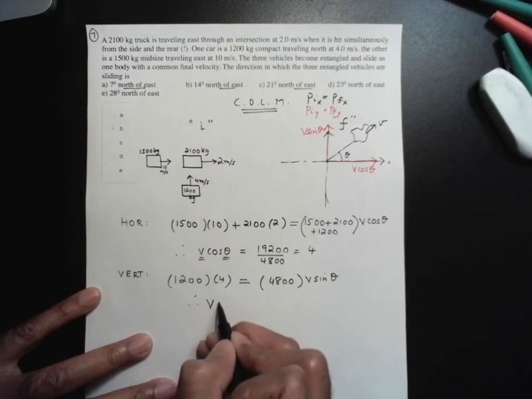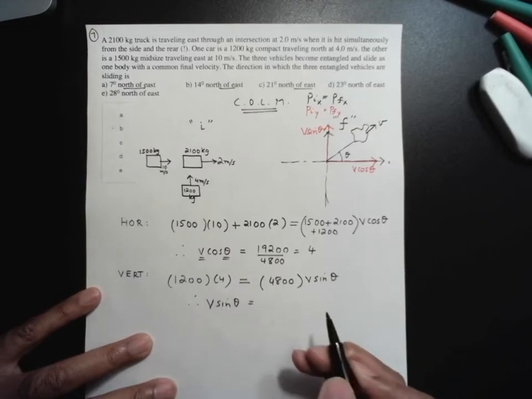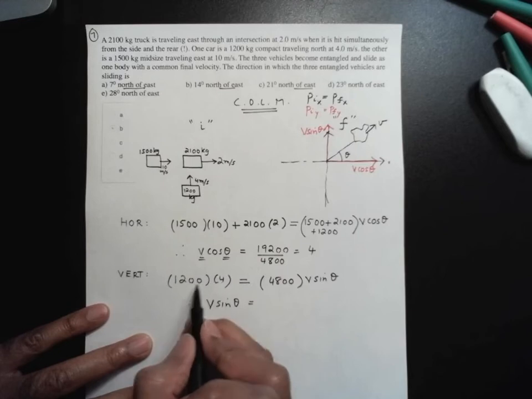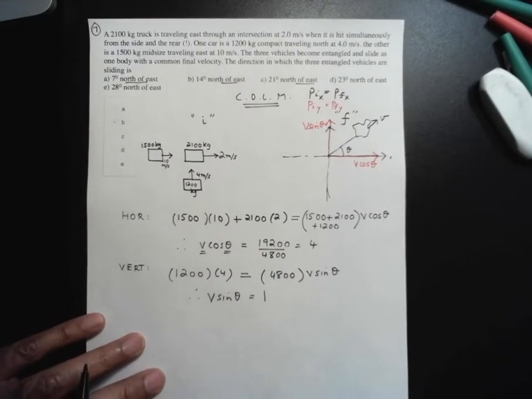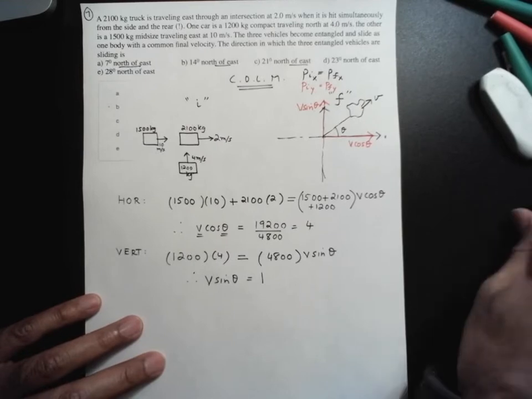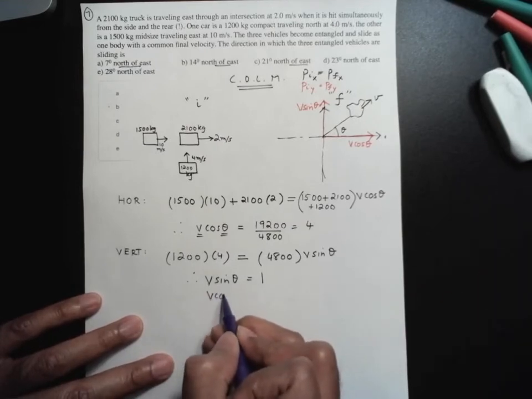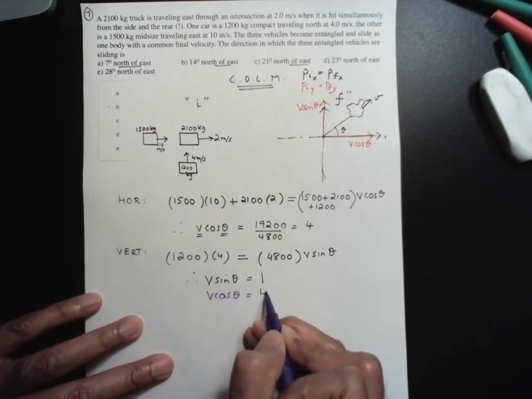So this tells me v sine theta equals 1200 times 4, which is 4800. So now I have two equations, v sine theta equals 4800 and v cosine theta equals 4.